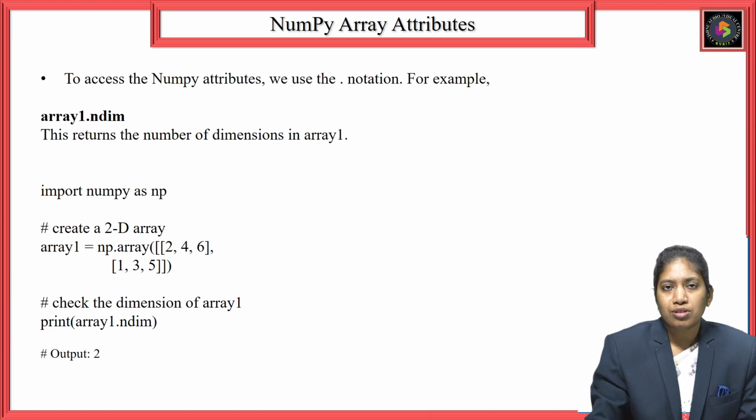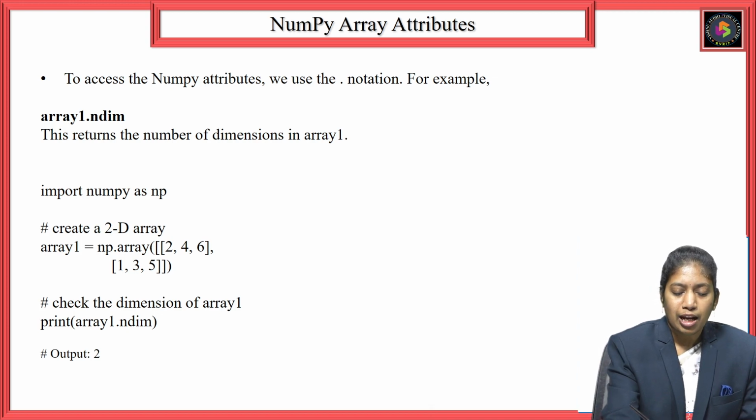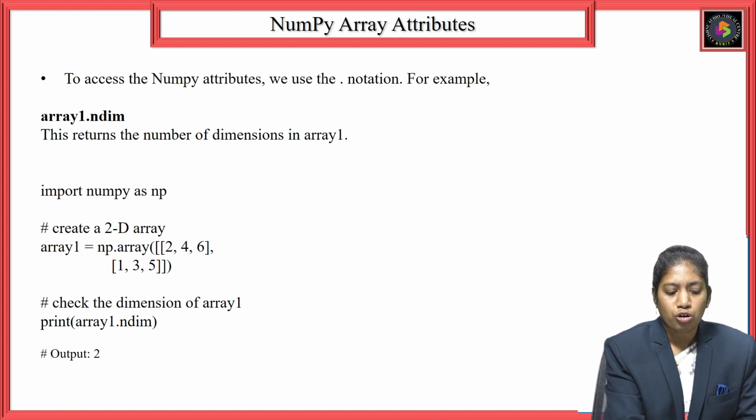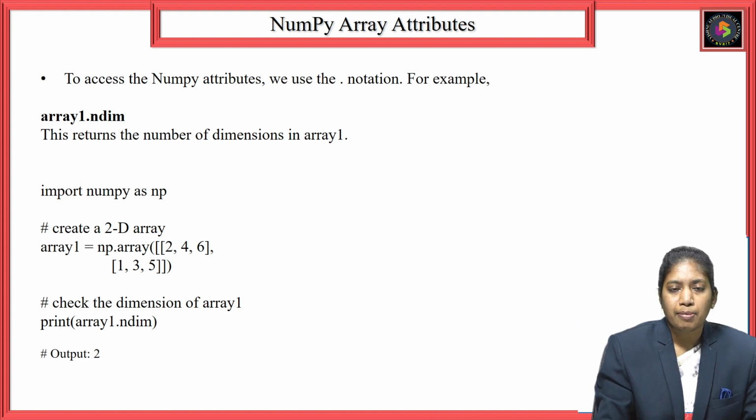All these attributes, like we have seen, ndim, size, shape, are used with dot notation only. Here I just want to find the number of dimensions for this given array.